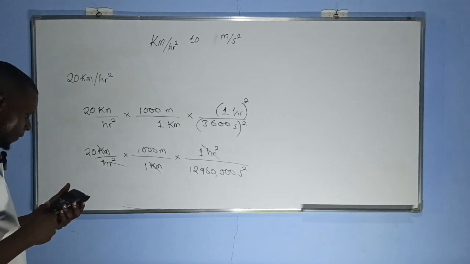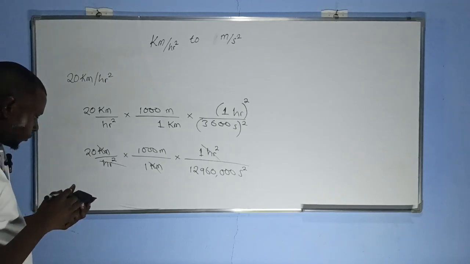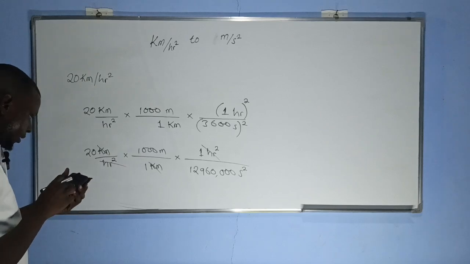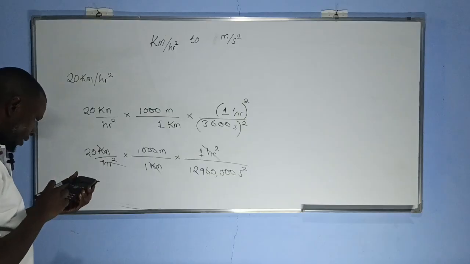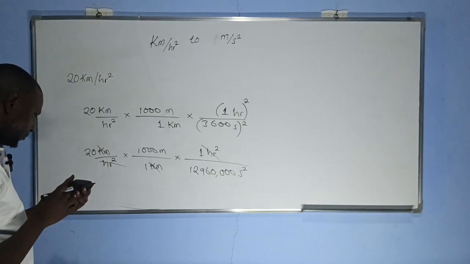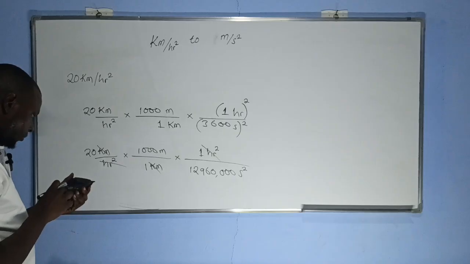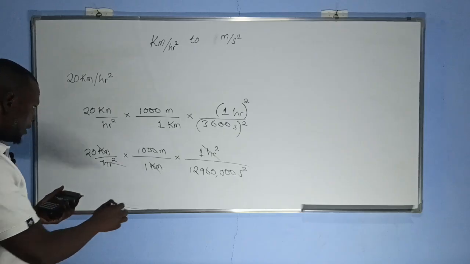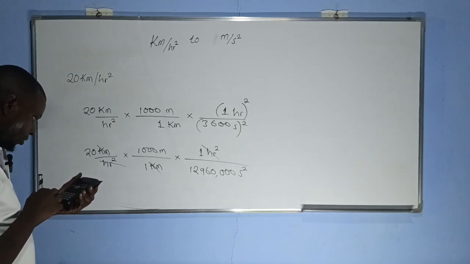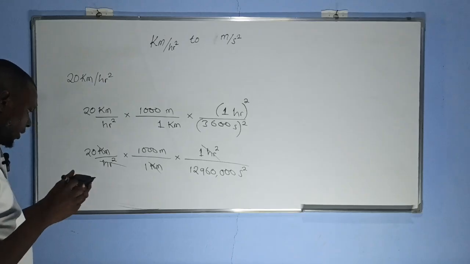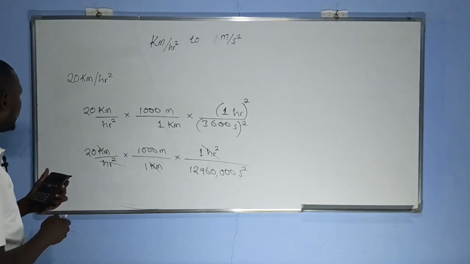Then I'll say 20 multiplied by 1,000, that will be multiplied by 1, then divided by what we have down here, which is 129,600,000.